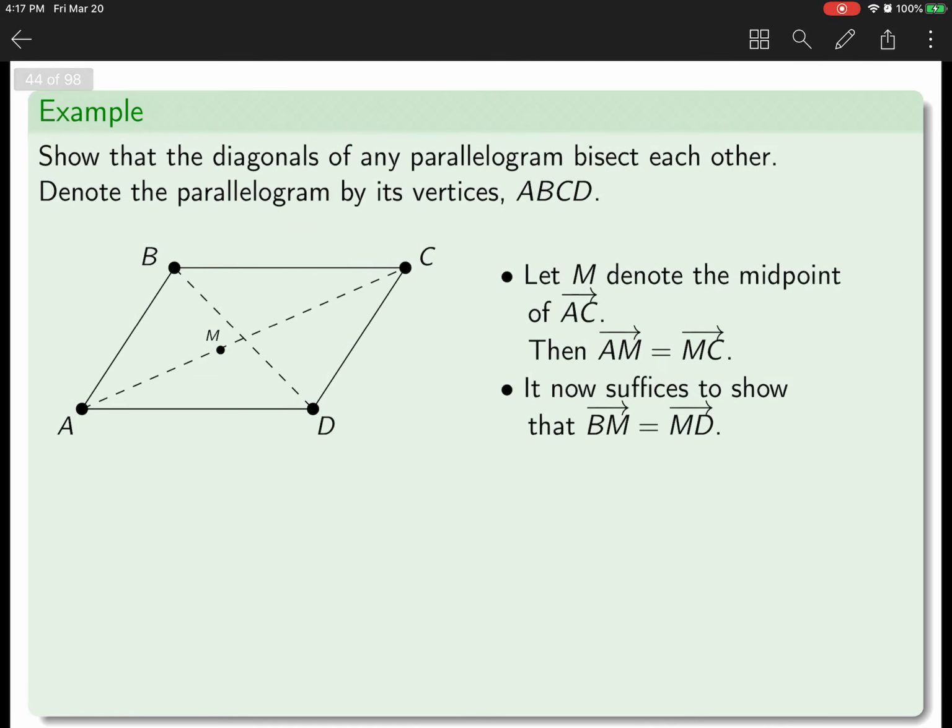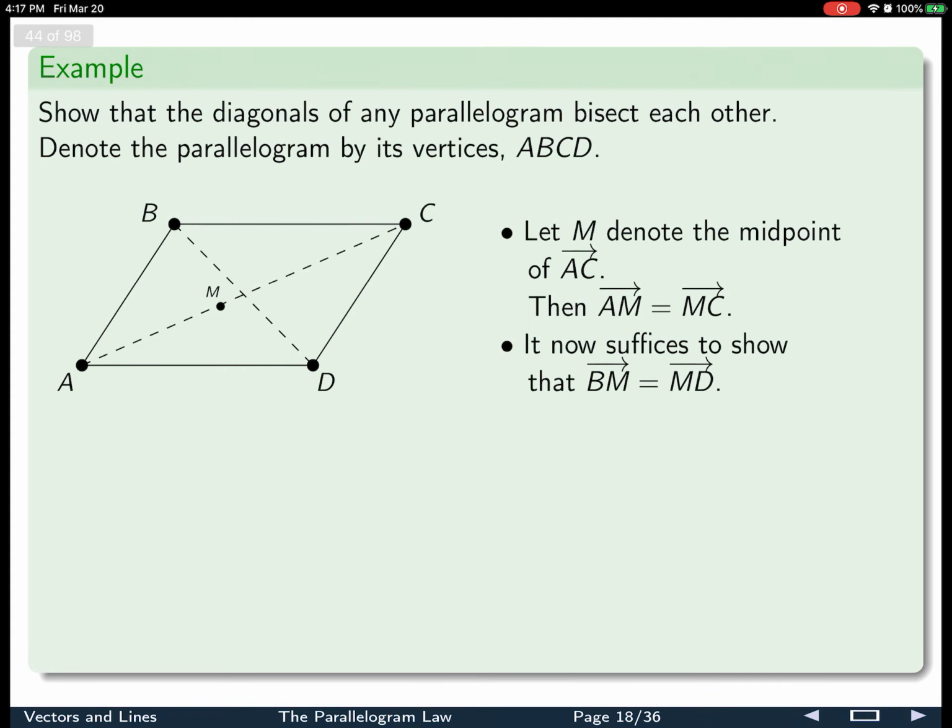So what we're going to do is construct a midpoint right from the get-go. Construct a midpoint along the vector AC. And if we have that midpoint between A and C, we're halfway there. If we can show that M is also the midpoint of BD, then we're going to be great.